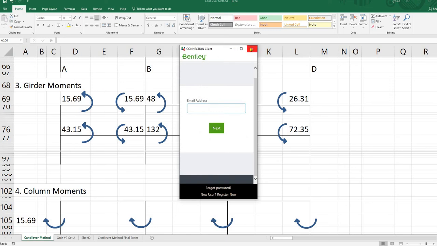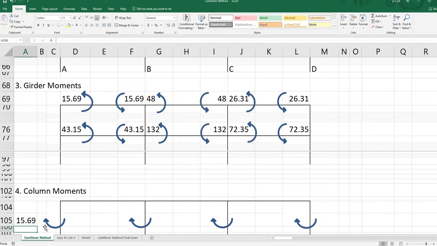So ang magkokontra sa kanya would be counterclockwise 15.69 din. Ayan. Next, dito tayo sa kabila. That would be 15.69 plus 48.